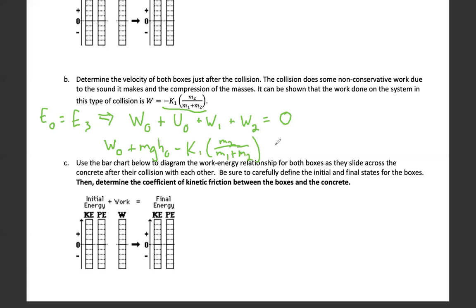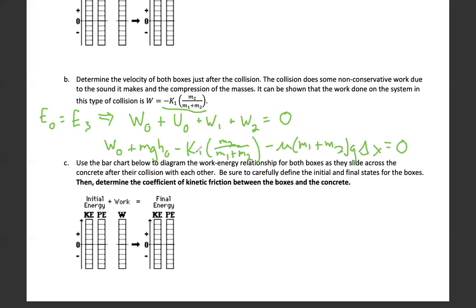And then this work 2, that was the work of friction, which was minus mu times M1 plus M2 times g delta X, equals 0.